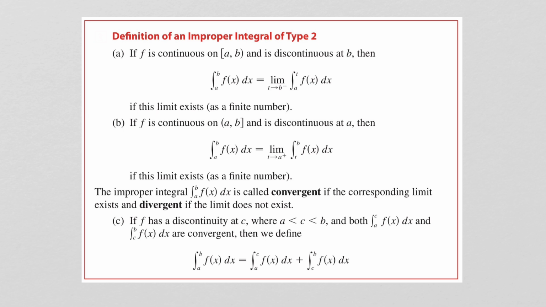If your function is discontinuous at a, and a is the lower limit, then we'll need to take the limit as t approaches a from the right. And if your function has a discontinuity at some number in between a and b, then you will need to divide up that integral at that discontinuity and apply both of these previous definitions. Let's take a look at some examples.